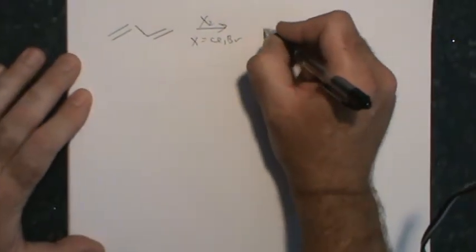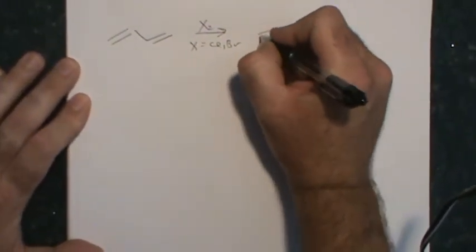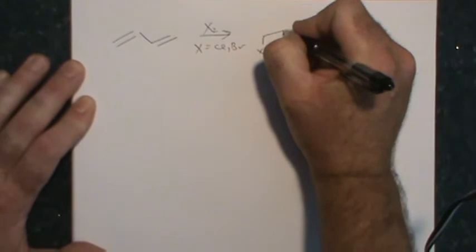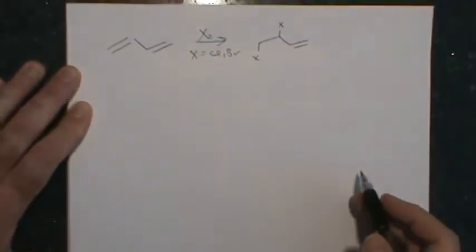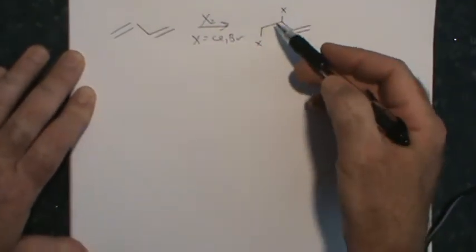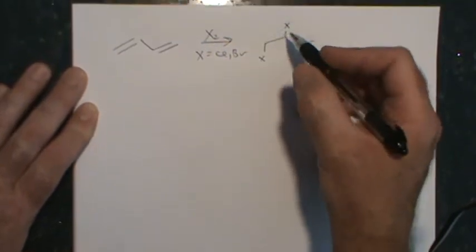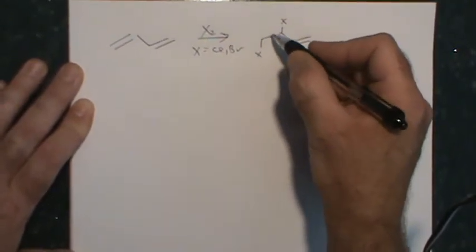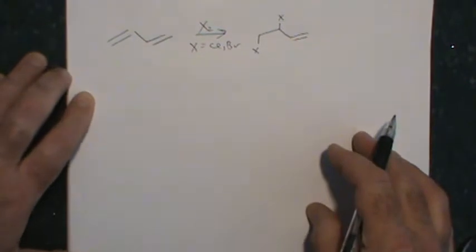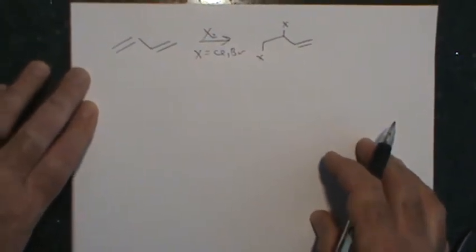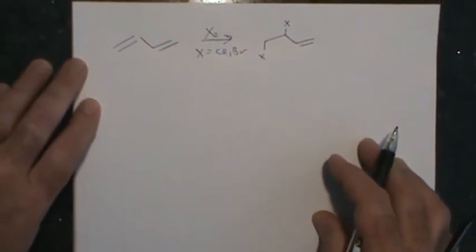And when we halogenate, we'll get some product which looks awfully consistent with what we would form with an alkene, where we form an anti-vicinal dihalide, although in this case this carbon-carbon bond is free to rotate, so the anti-nature of the addition pattern will rapidly be lost.